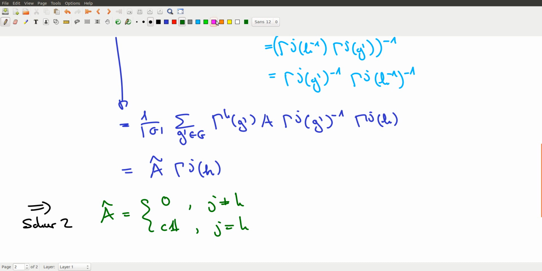And we can also calculate this number c here by taking the trace of this equation here. So the trace of A tilde is just the dimension of the irrep times the c.